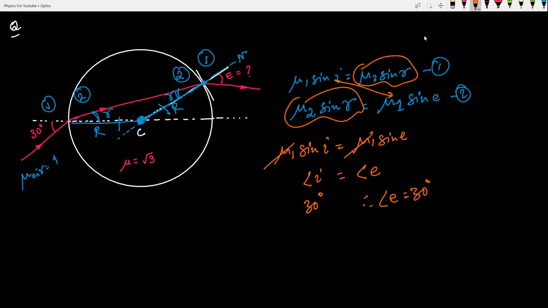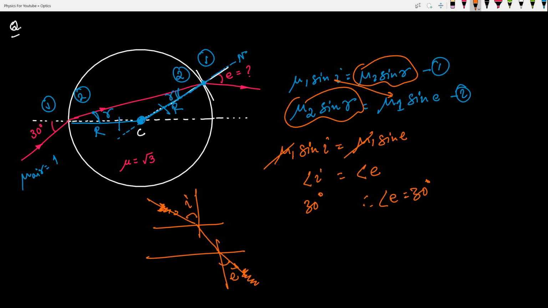But if you look into the concept, in the earlier case, we also said that if this is the ray of light entering a slab of medium, then after refraction and while coming out, we saw that the angle I was equal to the angle E, and we said that this ray is parallel to this ray.